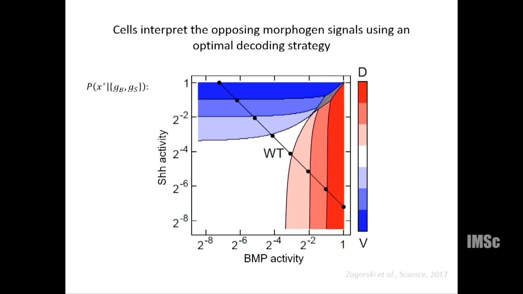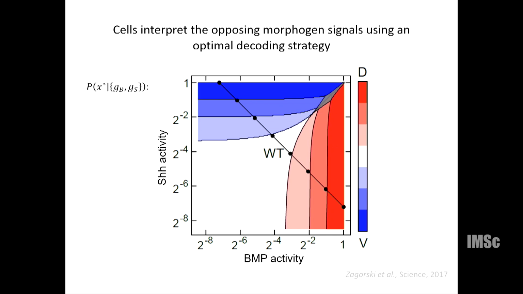So here what you see is that now the cell fates are decoded with different colors. If the cell is predicted to have dorsal fate, it's red. If it's predicted to have some intermediate fate, then it's white, and for ventral, you get blue. And this black line is what is measured in the wild type. And why do you see a straight line?